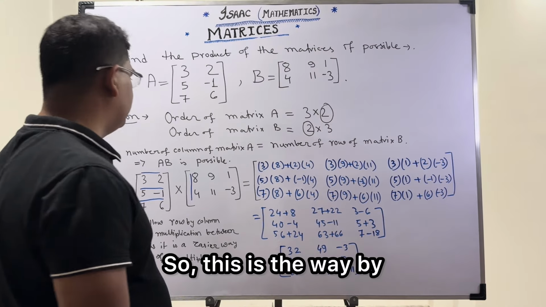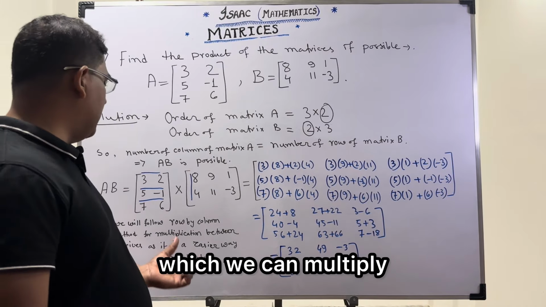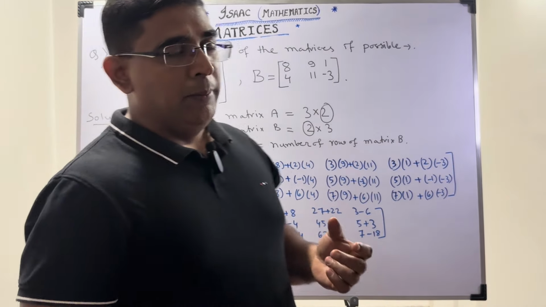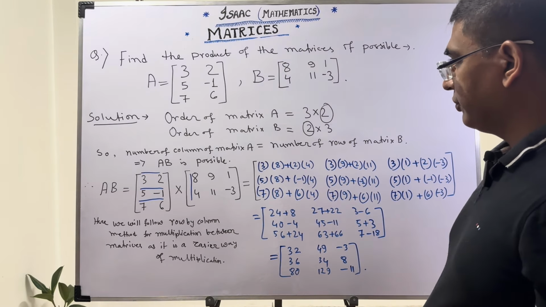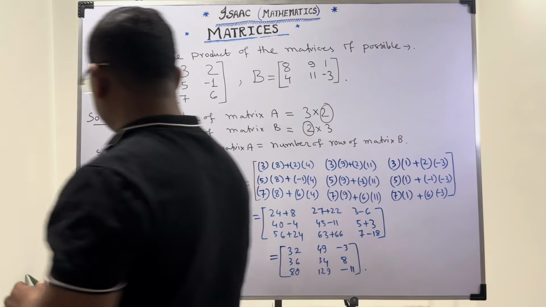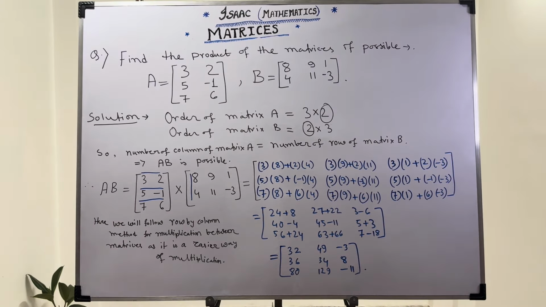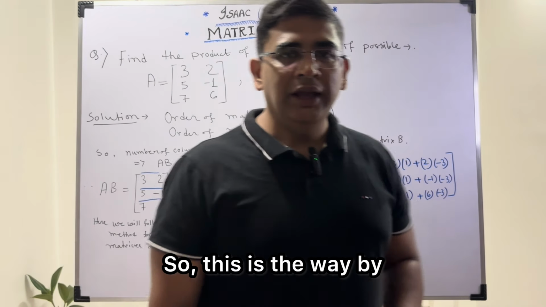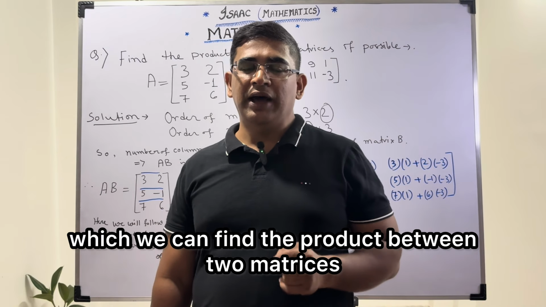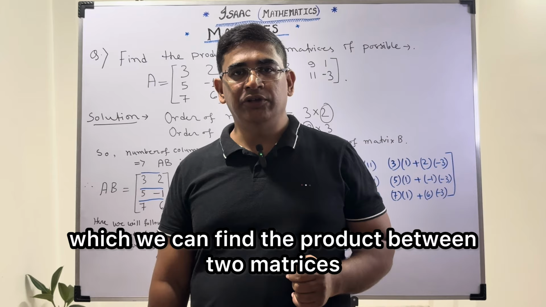Okay, so this is the way by which we can multiply matrix A by matrix B. So this is the way by which we can find the product between two matrices. Okay.